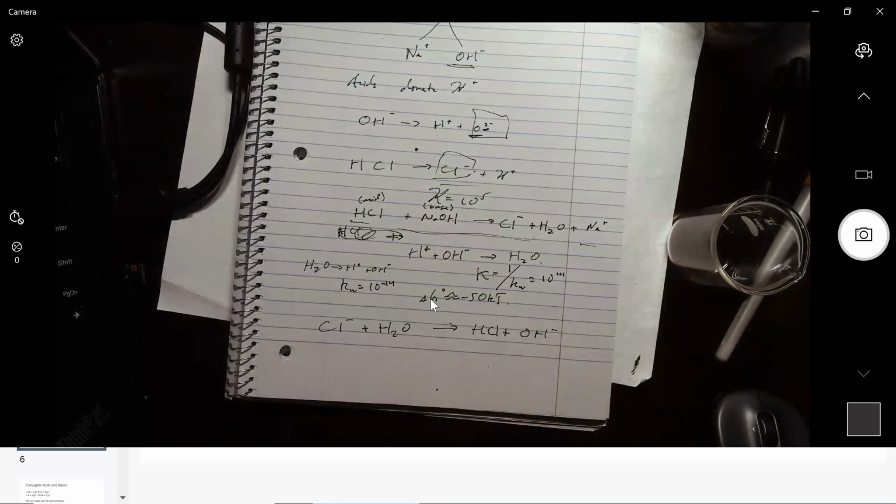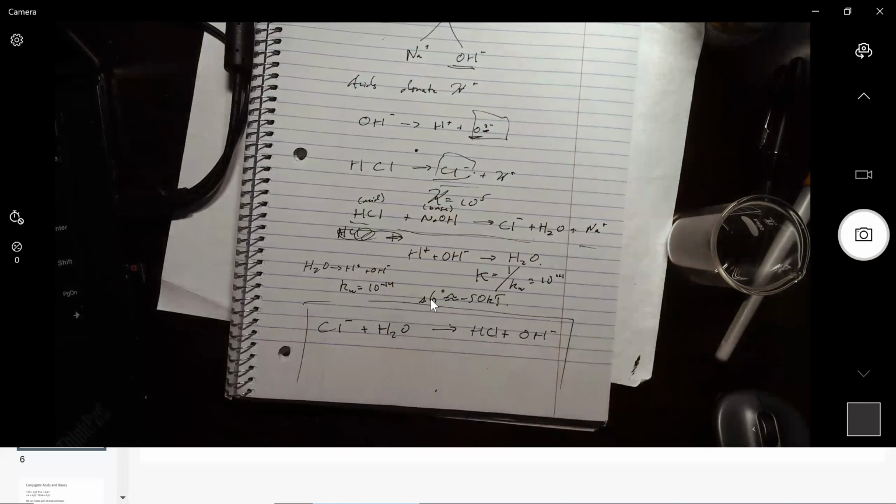Now, can someone identify the acid and the base in this reaction? Acids donate protons, and bases accept them.